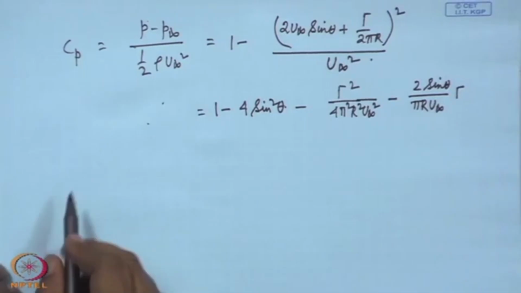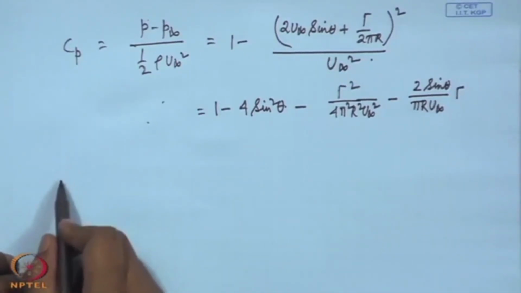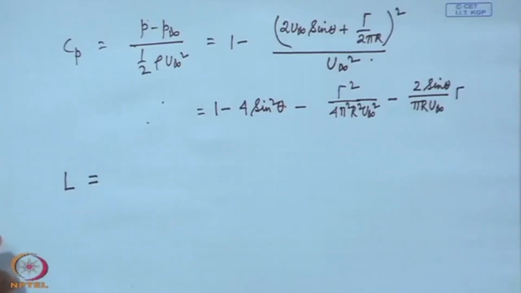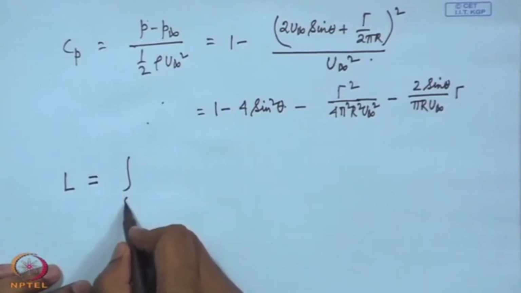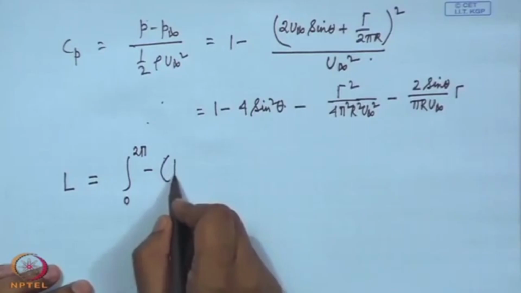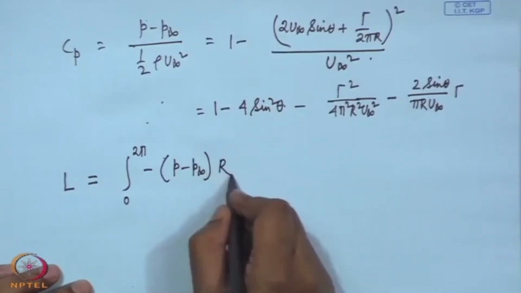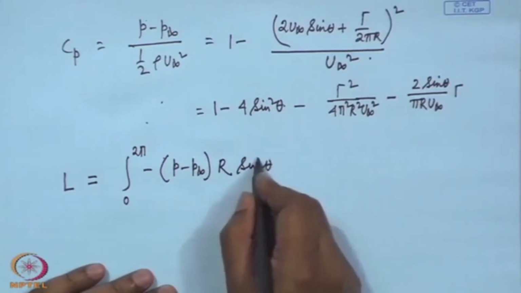Now, calculate again the lift force, lift force per unit span. What it was: 0 to 2 pi, minus p minus p infinity, r sin theta d theta.